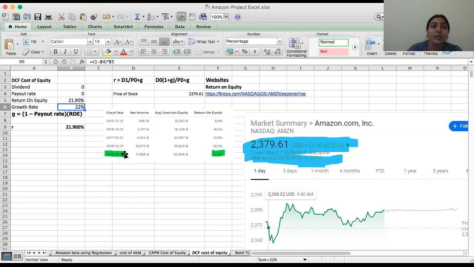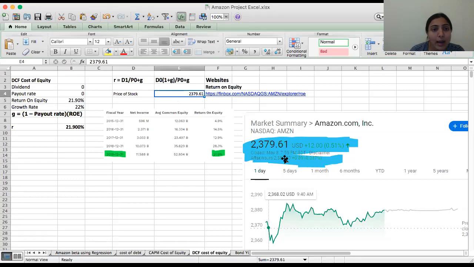Now for the DCF cost of equity, the equation is dividend divided by current stock price plus the growth rate. My dividend is zero, as I said. My current stock price is 2379.61, the close of 8th May.